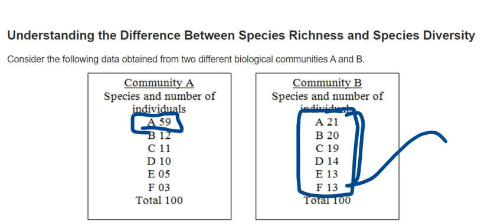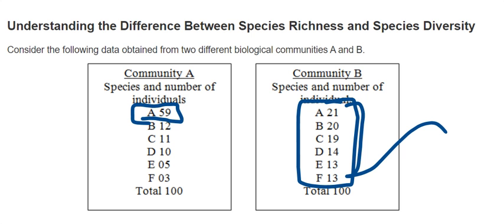It's really important to take into account the relative abundance of each of these species when we are considering species diversity. I hope you understood the difference between species diversity and species richness.